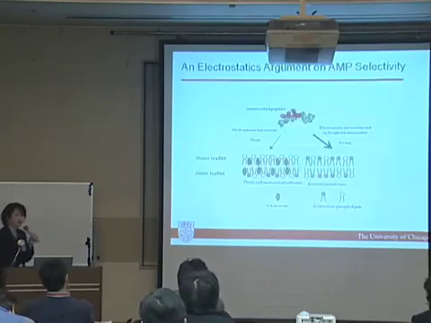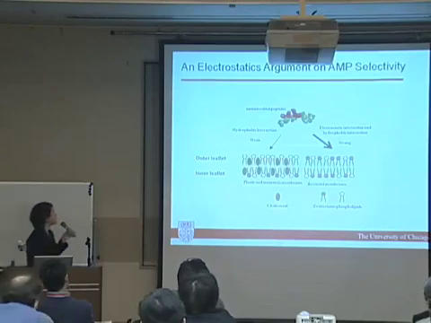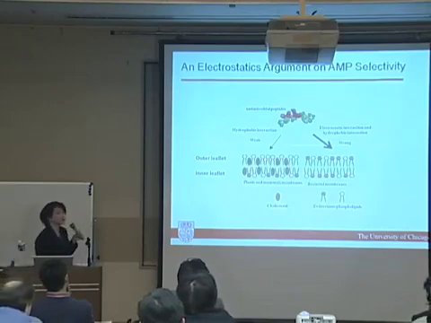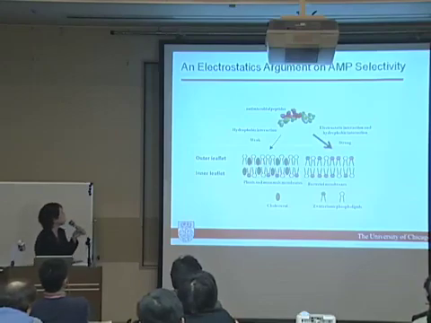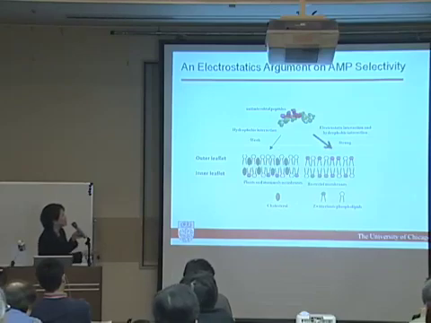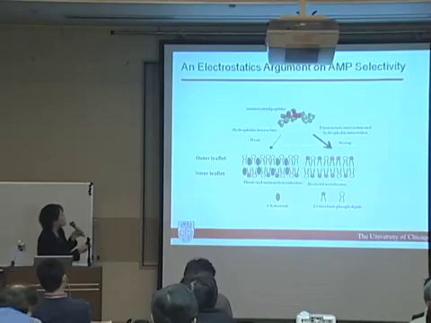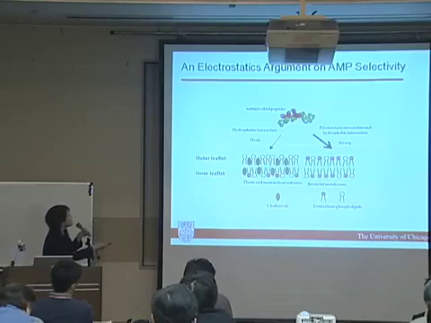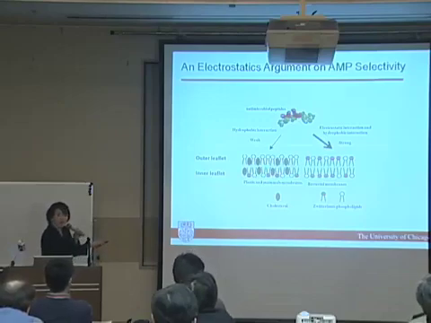One of the arguments that has been put forth and has dominated the field is this electrostatic argument, based on the fact that most antimicrobial peptides have an overall positive charge. What distinguishes plant and mammalian cell membranes from bacterial and microbial membrane surfaces is that the outer leaflet of the mammalian membrane is usually overall neutral, whereas that of the bacterial surface has an overall negative charge.